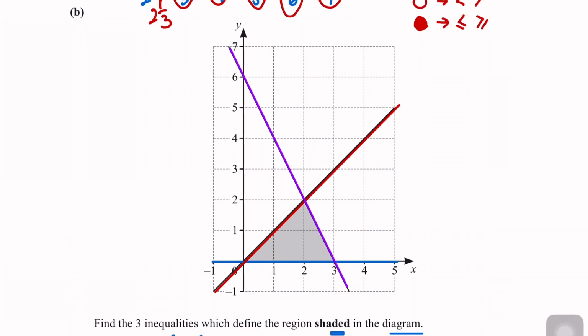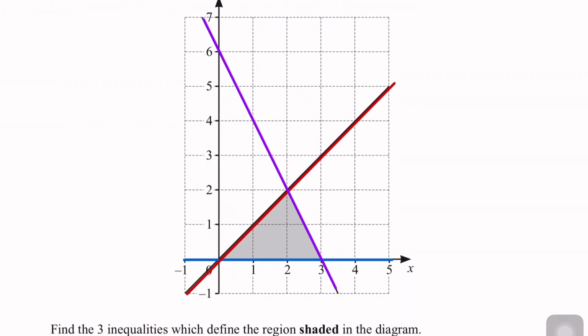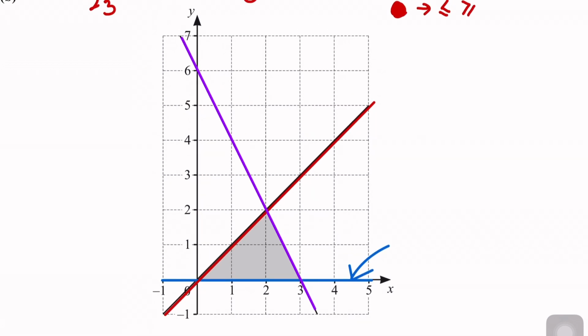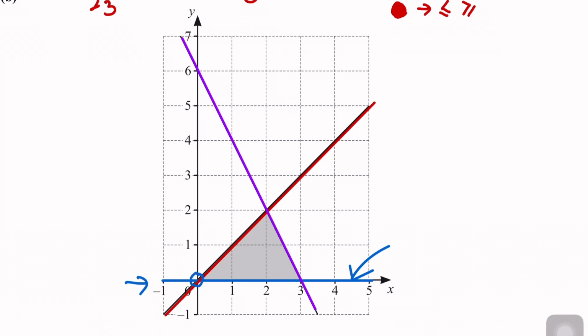Okay, so how are we going to identify the equation for each of the colored lines? Let's zoom in. I shall do the one for the blue color. The blue color is a straight line that cuts the y-axis at the number 0.